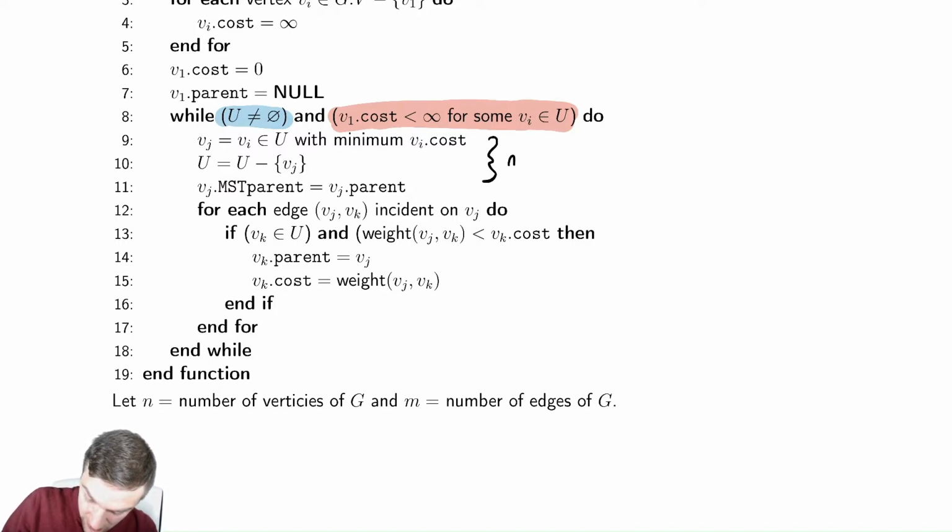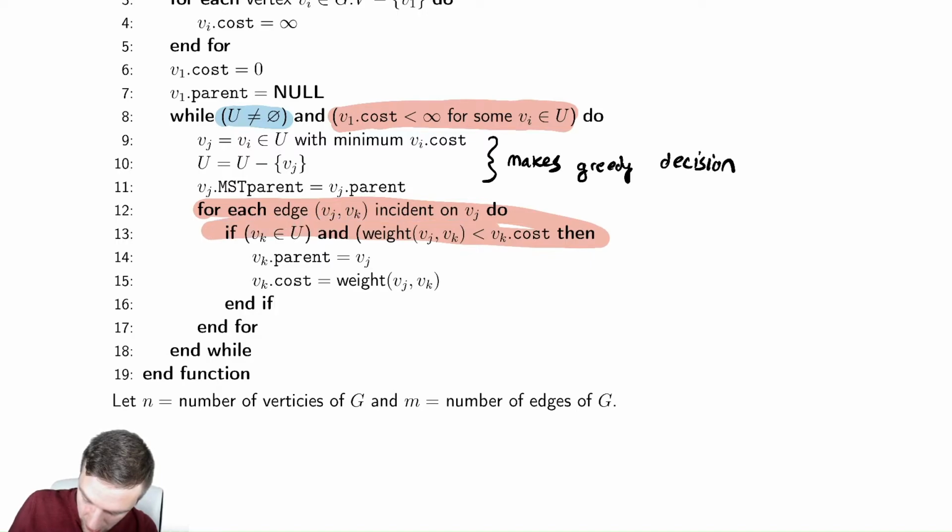So this code here makes the greedy decision. And then the code below, all of this code, let's highlight that in a different color. All of this code down here that I'm going to highlight in lavender.